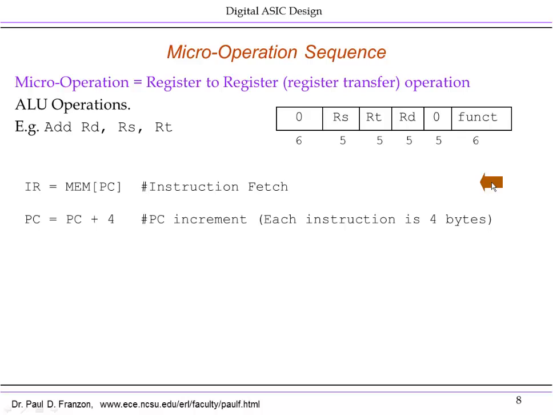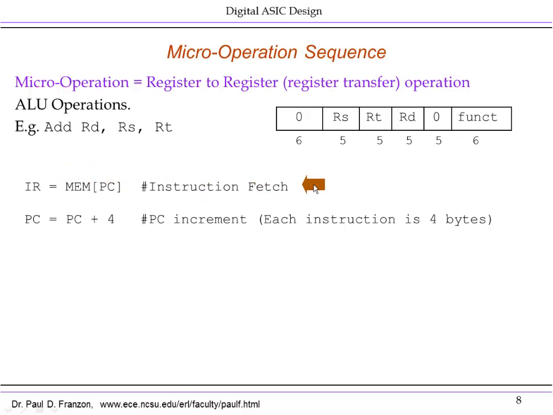It is in memory. We need it in the data path because we need to pull things like these register addresses from that instruction. So we're going to reference the memory with the address stored in the program counter. What is stored in the memory at that address will be stored in the instruction register.